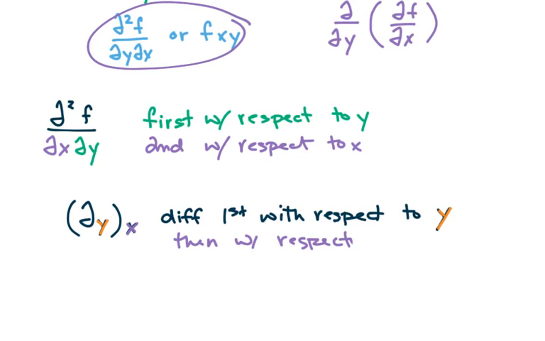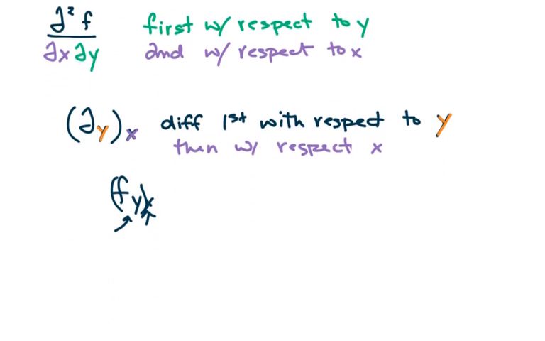So first with respect to y, then with respect to x. So the other way this might be written would be f of yx. So we apply y first, then we apply that x. All right, all three of those mean the same thing.